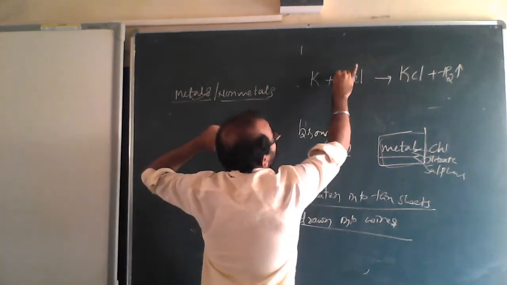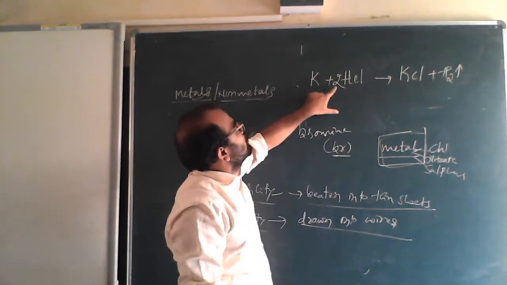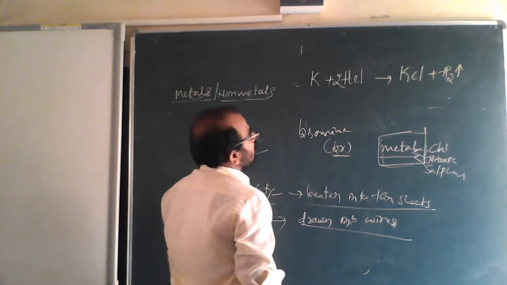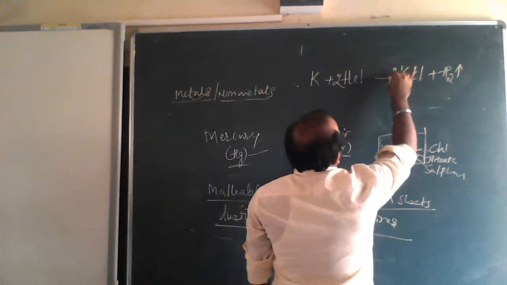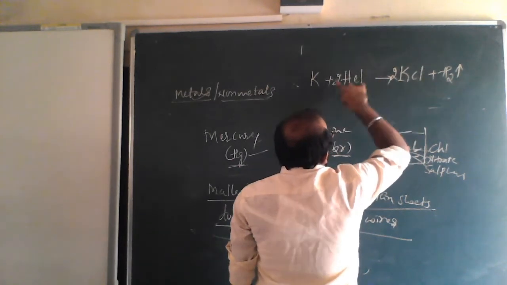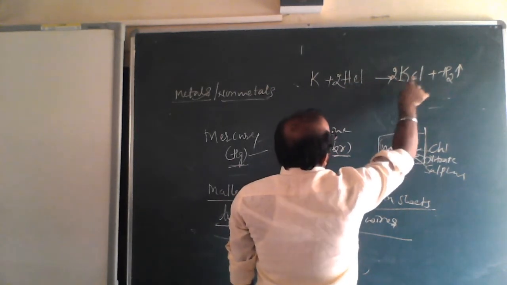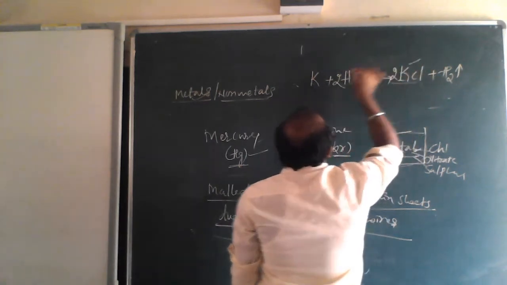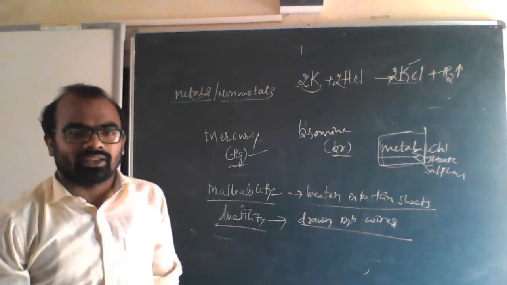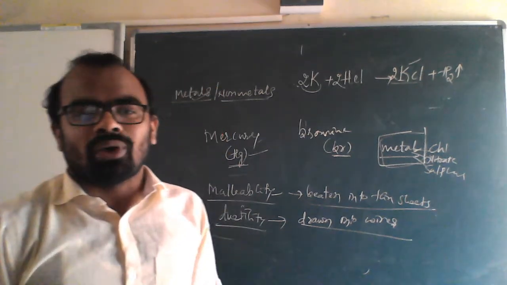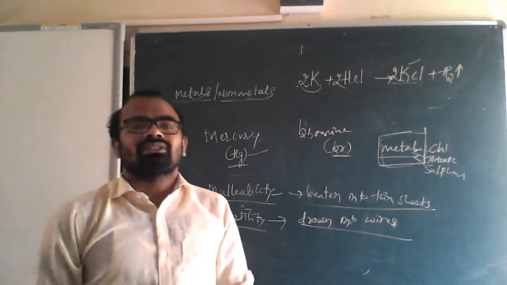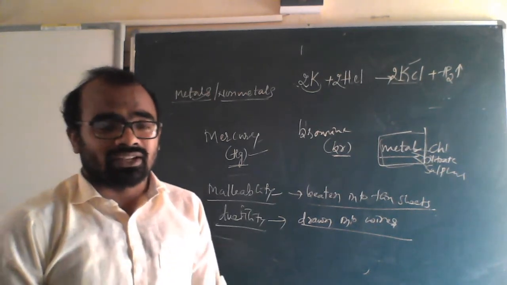I have to write 2 here, so 2Cl, but only 1Cl here, so again I have to balance it. I write 2KCl, 2H, 2Cl on both sides, but here 2K is there, so I write 2K on this side too. So 2K plus 2HCl gives 2KCl plus H2. This is the reaction of metals with acids.